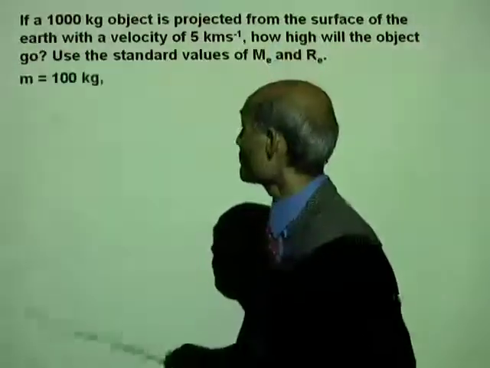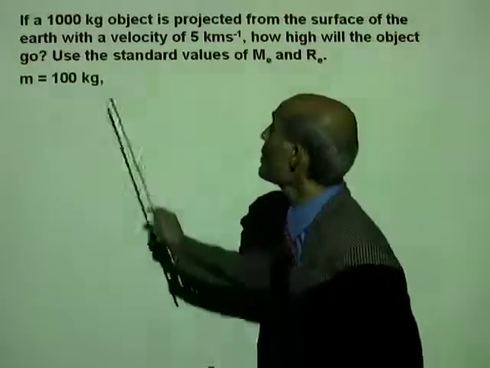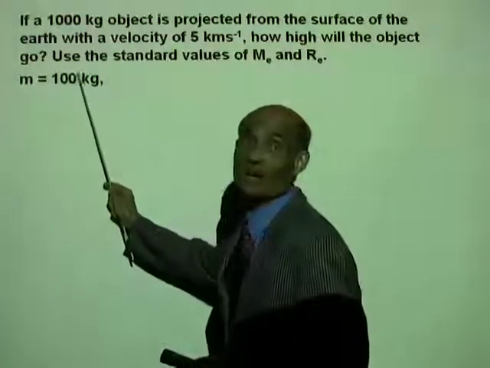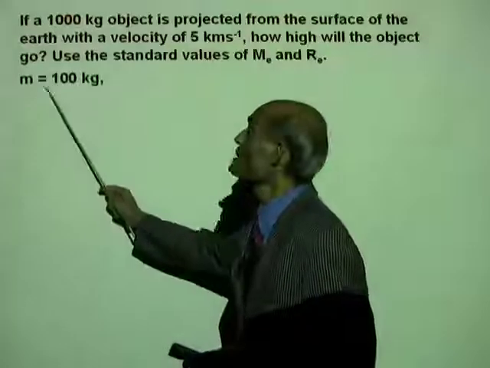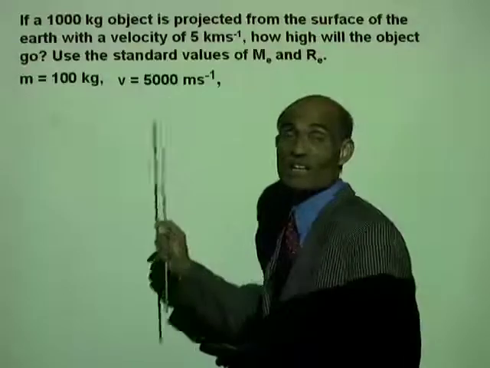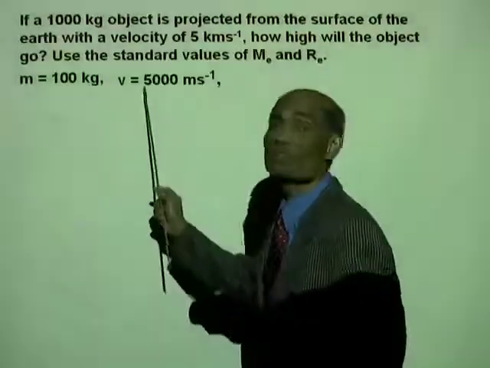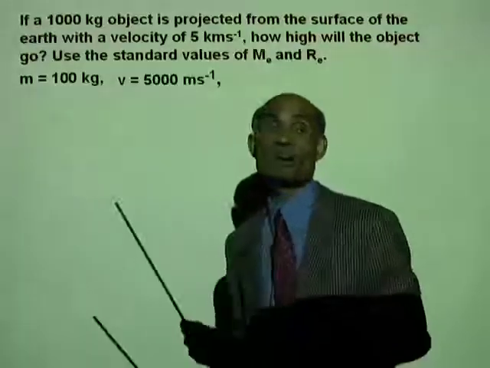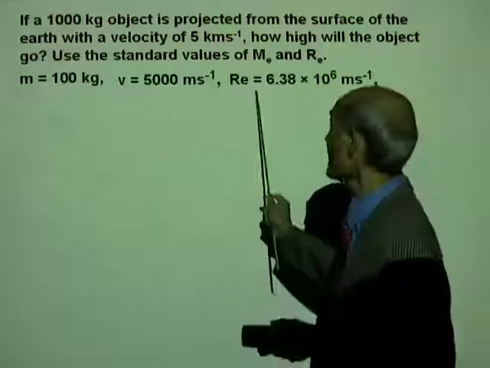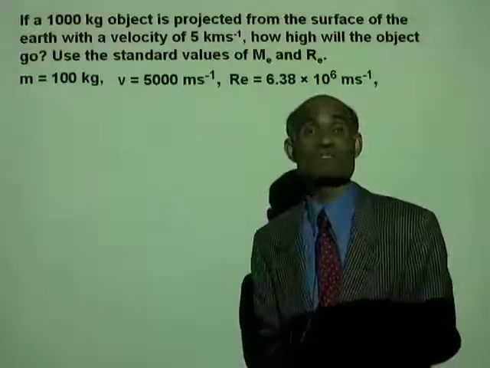Alright, let's do that. The mass of the object is now 1000 kilogram. The initial velocity of projection is 5000 meters per second. Radius of the earth is 6.38 times 10 to the 6 meter.